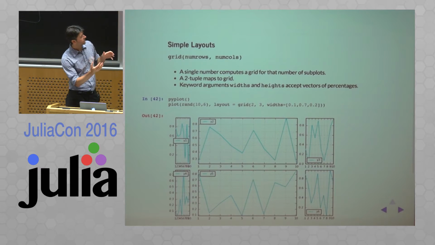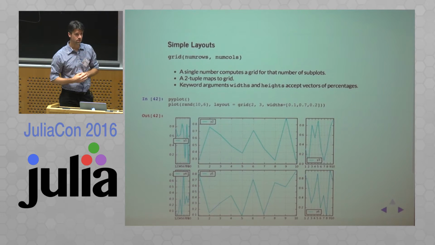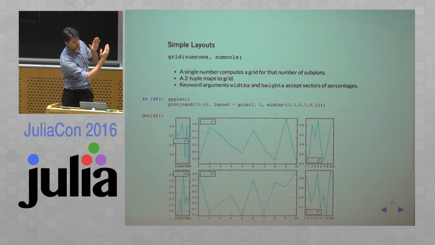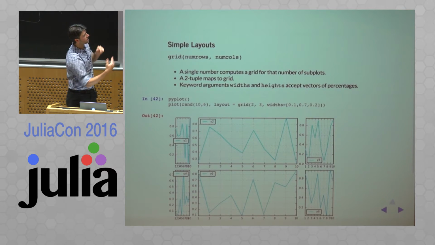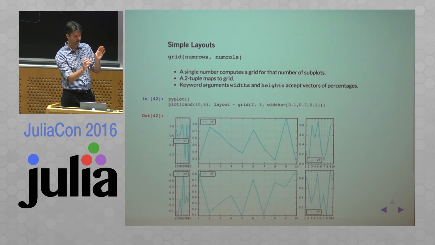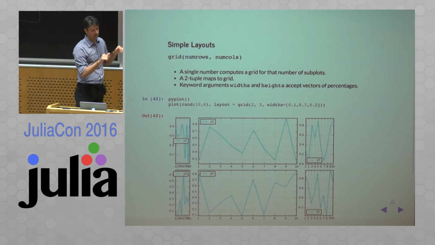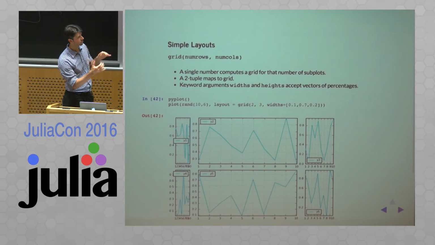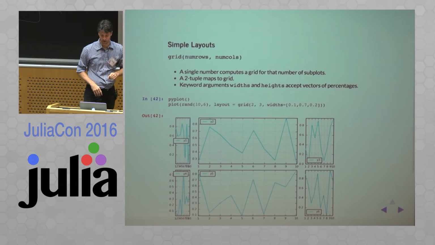So if one of those subplots had really long tick labels, it gets shoved off to the side. Many plotting packages would have these weird misshapen plot areas that don't seem to match the layout that you wanted. But here it'll shift accordingly and resize all of the plot areas to match.